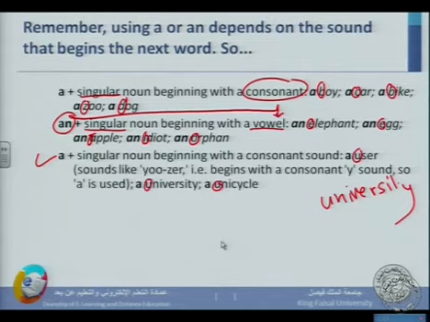Although it starts with the letter U, it has a consonant sound. So we use a with a singular noun beginning with a consonant sound, like you: university, unicycle, user.